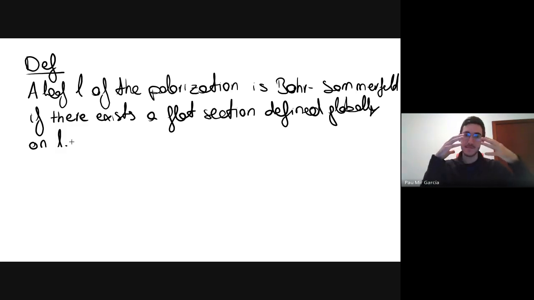In this basic example of the sphere, you can see that a section is defined globally when some angular parameter is an integer, because, as in polar coordinates, if the exponent in the exponential where you have the angle is an integer, it matches well, the imaginary part disappears, and you have a well-defined function on the circle. But you only have this satisfied in some discrete set.